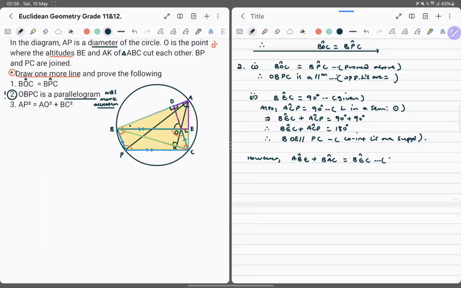Right, what is this? This is the exterior angle of triangle ABE. Nice and easy. All right, so what does this imply? It implies that we want this angle ABE plus BAC, which is not a big deal. What did we call BAC after all?